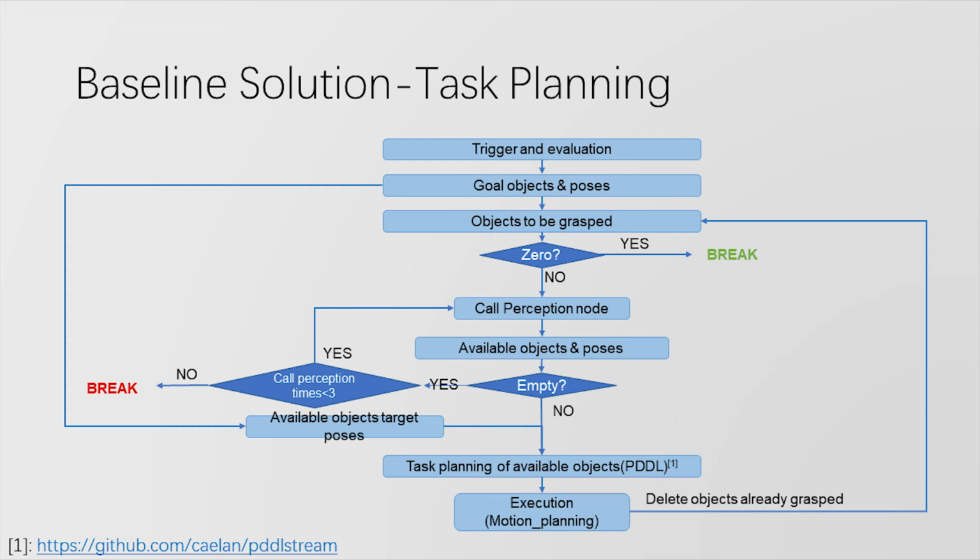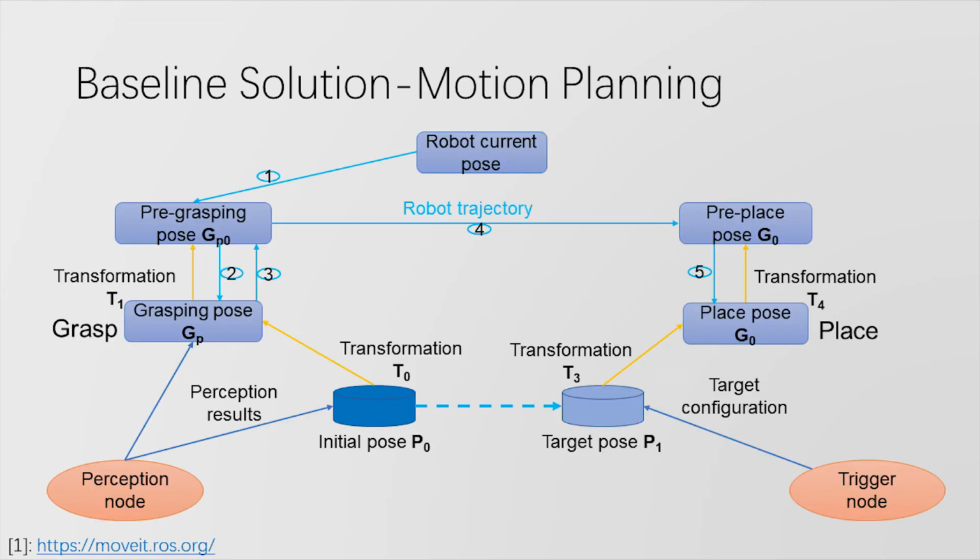The process will be executed repeatedly until all the objects are manipulated. The motion planning module calculates the 4 intermediate poses of pre-grasp, grasp, pre-place, and place from the perception result and the target configuration. Then the joint space trajectory is generated using the MoveIt ROS package.